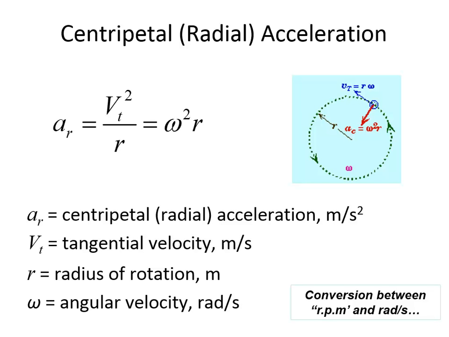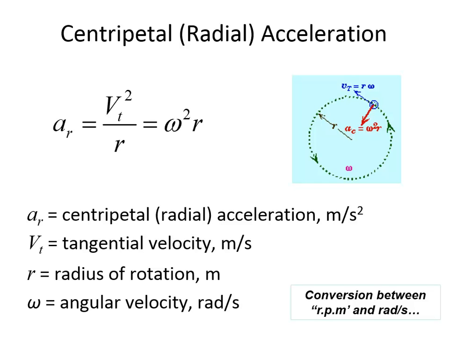It doesn't mean radians per minute. For example, if you had something that is 100 RPM, that means some particle is going through 100 revolutions per minute.